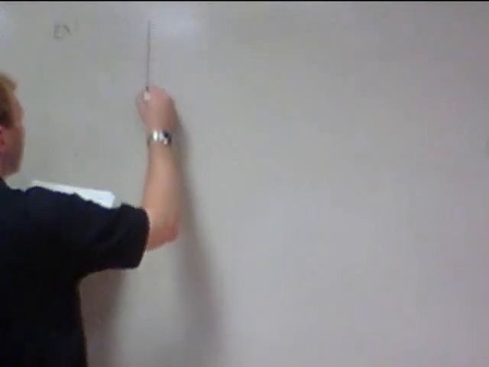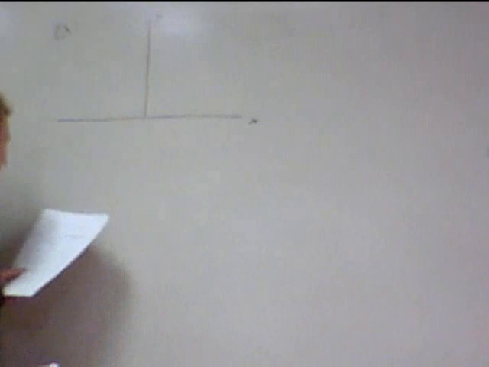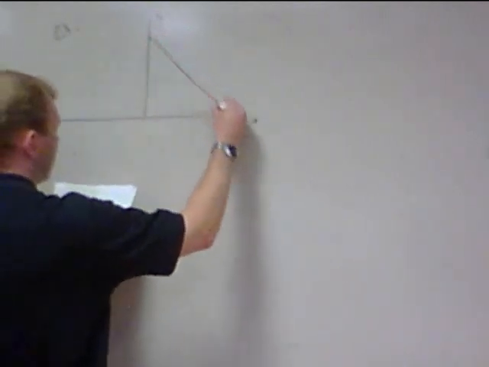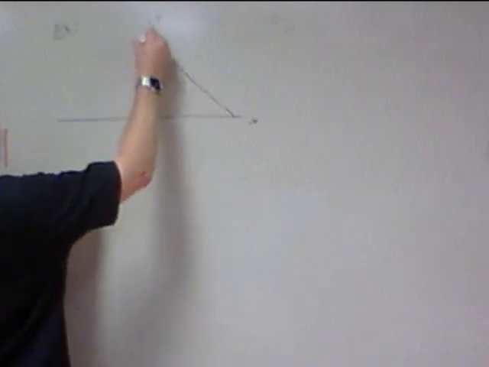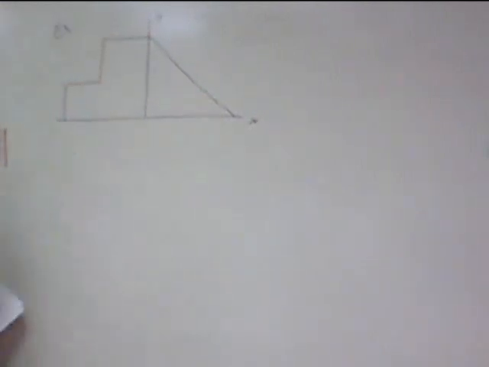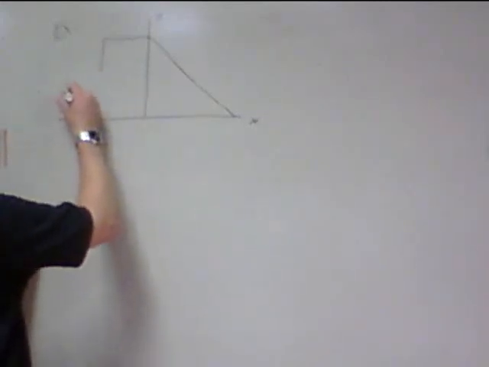So take a look at my XY coordinate system here. Say I've got a triangular piece over here, and then I'm going to go to this. Okay, I'm going to change that a little bit, make it a little bit more to scale.